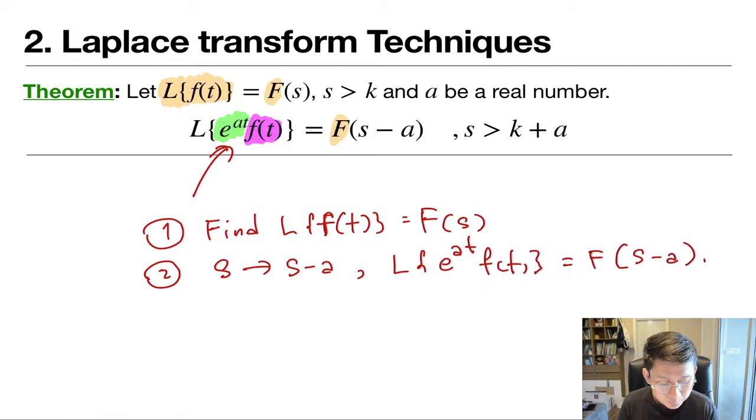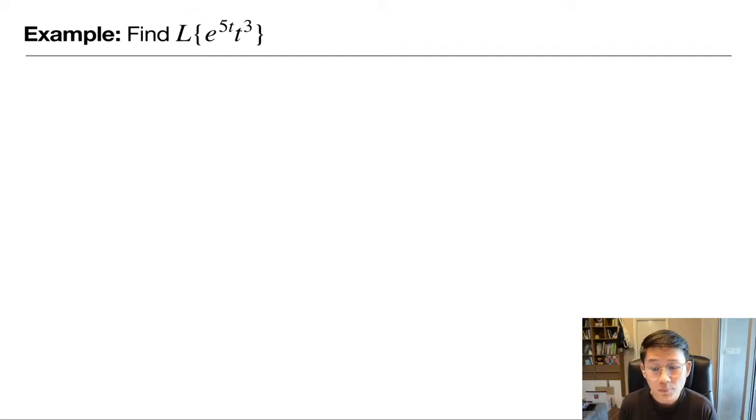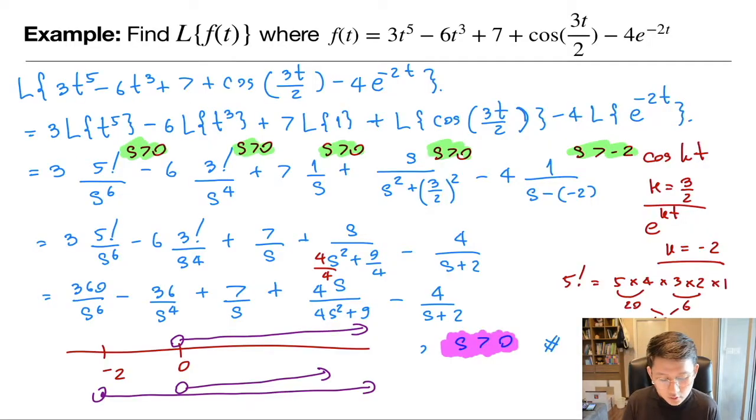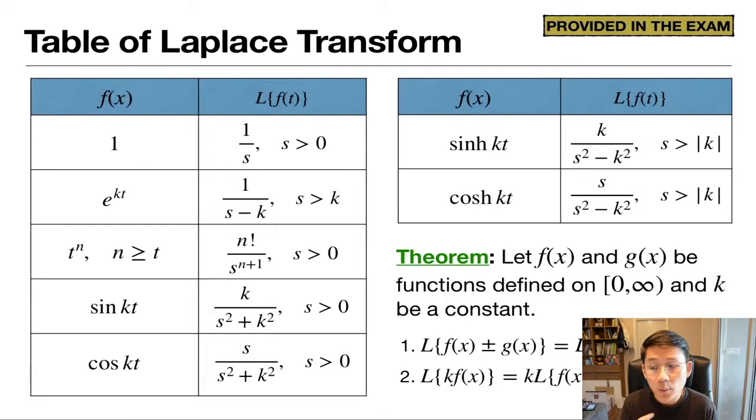For example, if you want to find this Laplace transform, okay guys, if you go back to look at the formulas, here we have the Laplace transform of exponential function, right? We have the Laplace transform of t to the n. But we do not have a Laplace transform of e to the kt times t to the n. We don't have the Laplace transform for the product. Make sense?